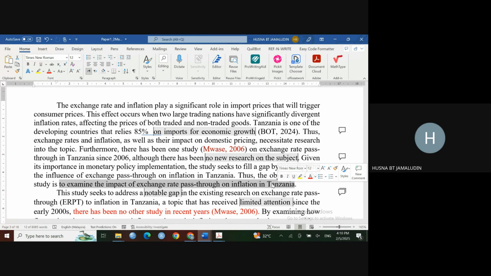And maybe you want another objective, to explore before you examine: to explore the current background, the economic condition in Tanzania, or whatever happened in Tanzania, because people don't know, right? So maybe you want to make it your objective.